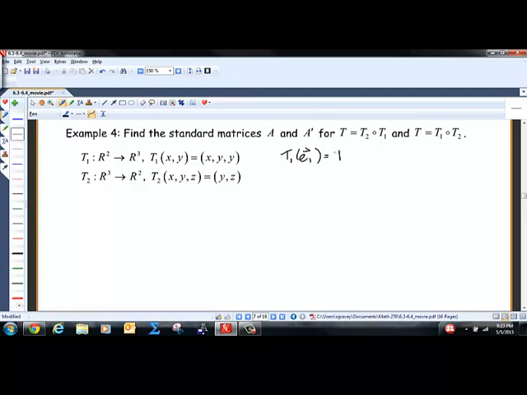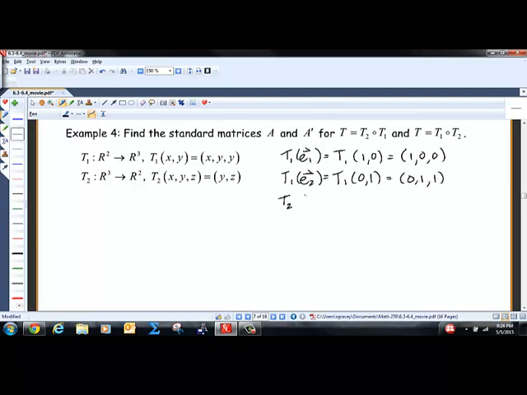That would be T1 at (1, 0), which is going to be (1, 0, 0). Good so far? And then T1 at E2 is going to be T1 at (0, 1), which is (0, 1, 1).